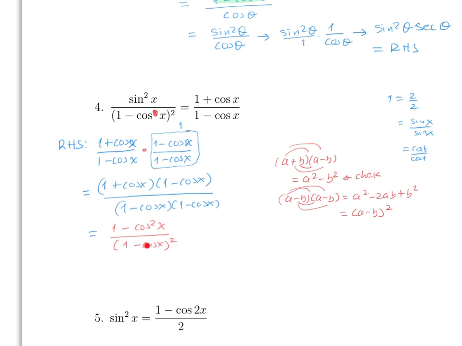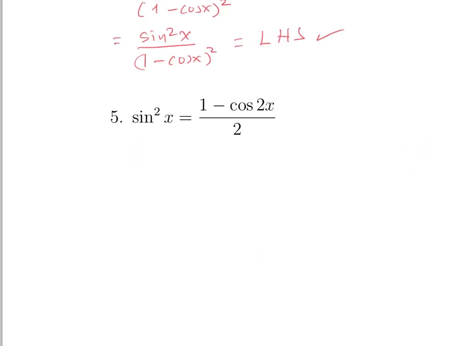On the top, because of the identity, it's just sine squared x over 1 minus cosine x squared, which is equal to the left-hand side. And that's it.